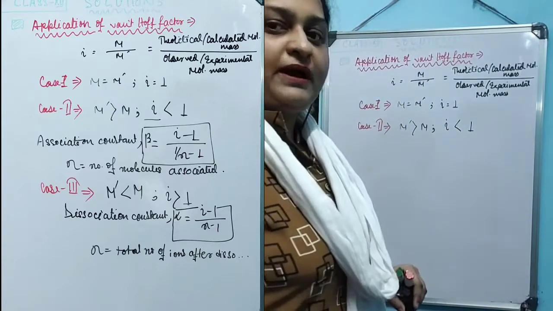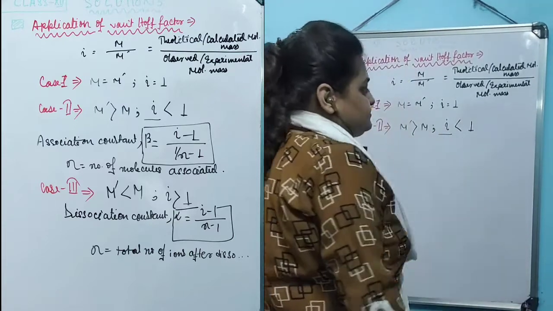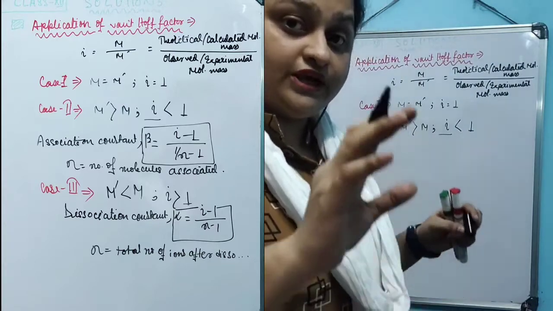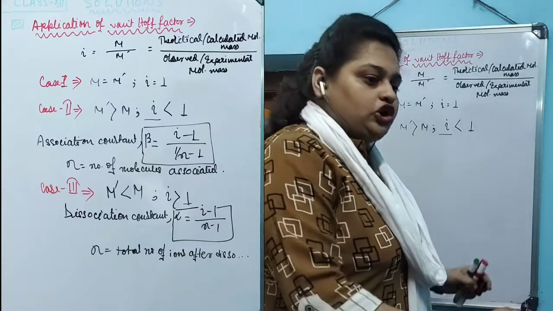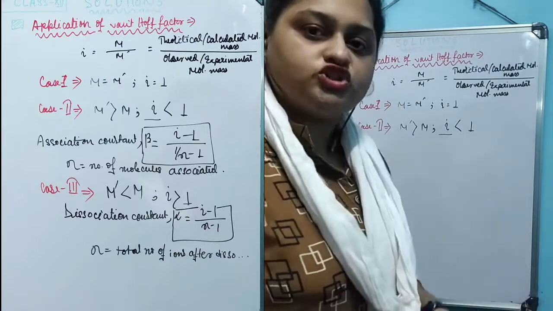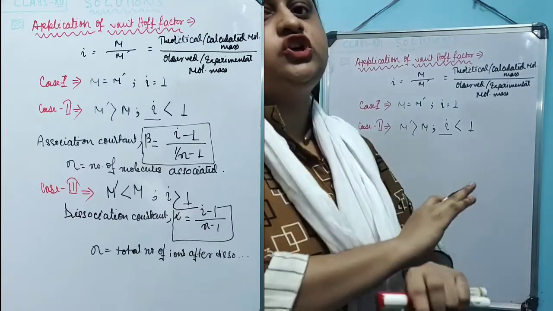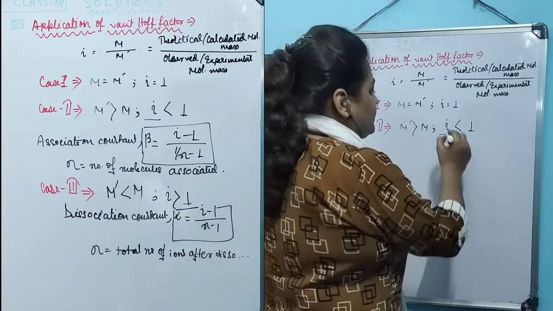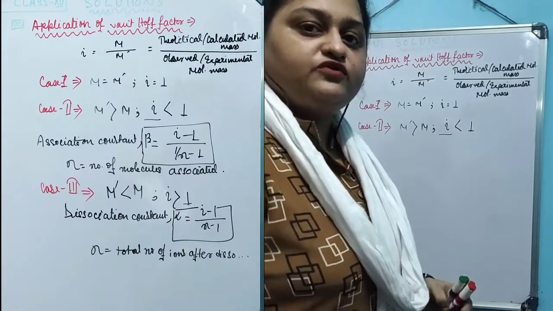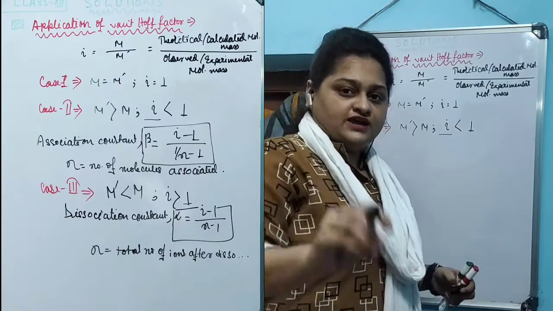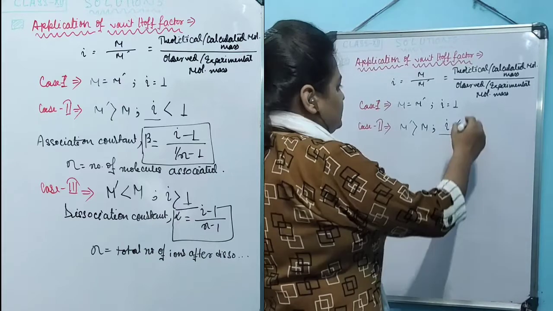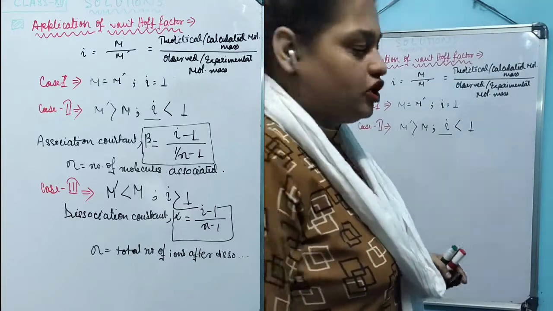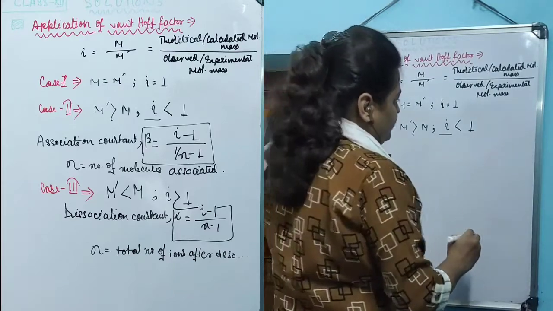So by calculating i for a solution in an experiment, we can find out whether the solute has associated or dissociated, or whether no dissociation or association has occurred. If i is found to be less than 1, we can conclude that association has happened.